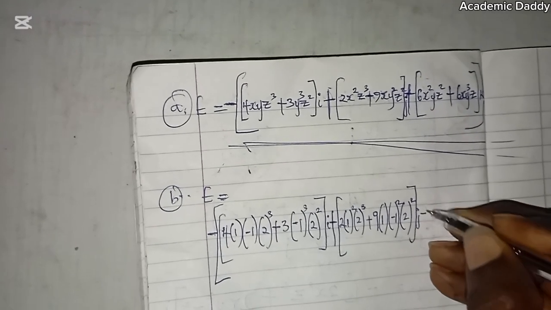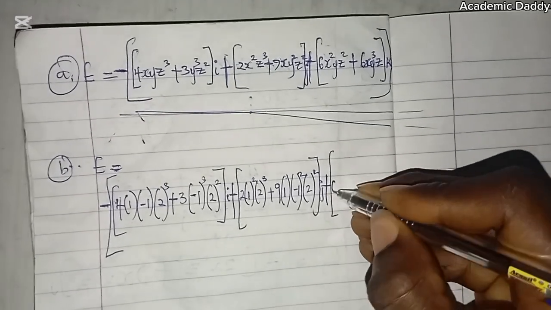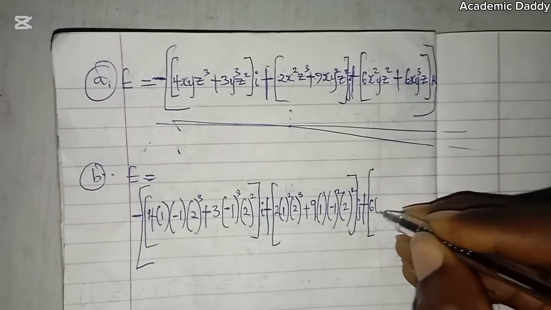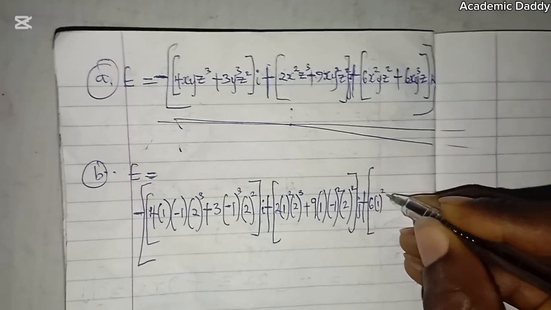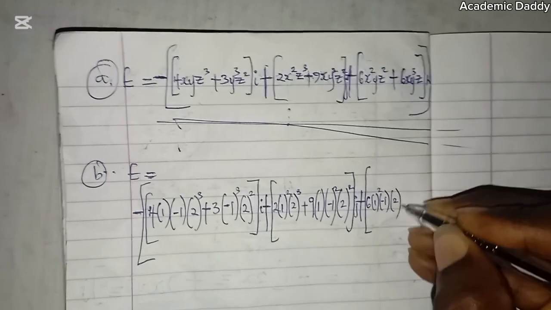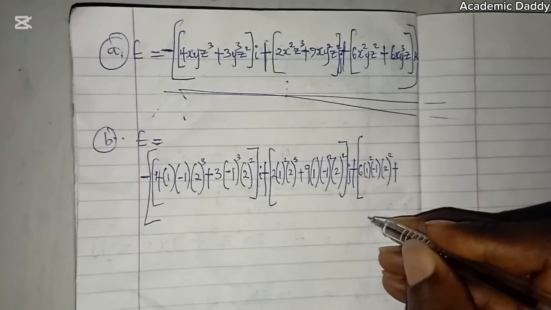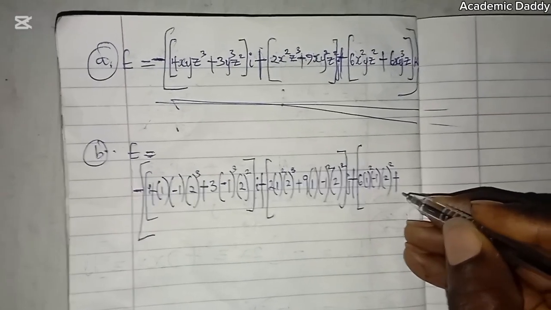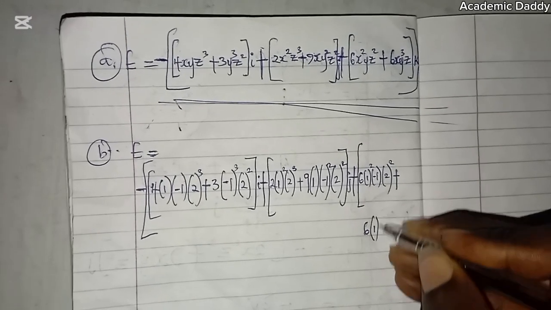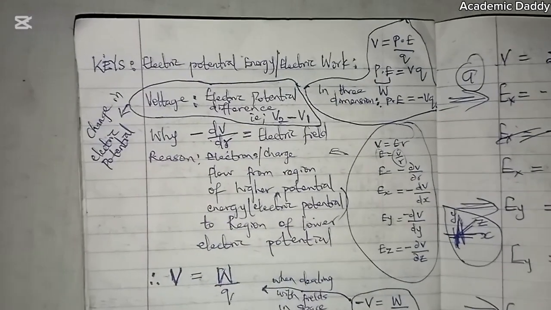Plus 6, x is 1 square. Then minus 1, 2 square. Then plus, let me finish it here, plus 6 into 1 cube, say 1. That cube should be for y.